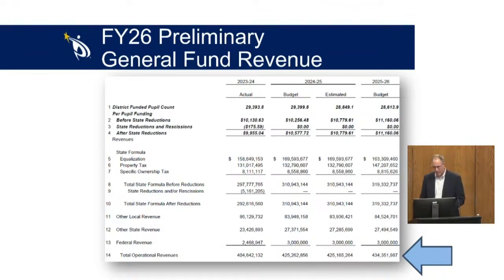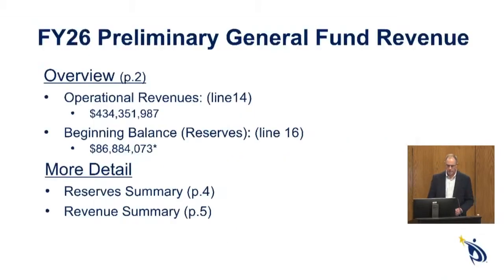So at the very bottom right of that visual, $434,351,987, the anticipated preliminary general fund revenue. That's $9 million or so greater than the current year, fiscal year 25. Okay, so I pointed these numbers out.